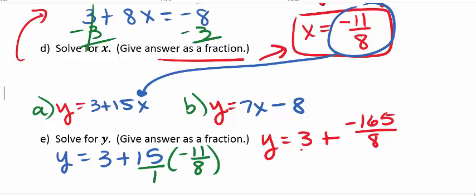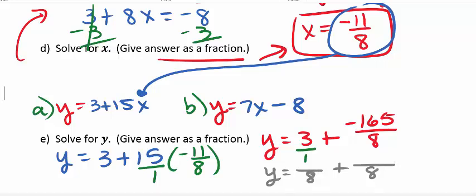Now to add the whole number 3 to the fraction negative 165 over 8, we're going to have to find a common denominator. And since 3 is a whole number, its denominator is 1. So to find a common denominator between 1 and 8, both 1 and 8 go into 8, so I can rewrite these with 8 as a denominator.